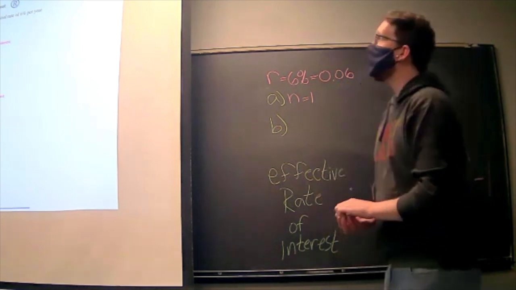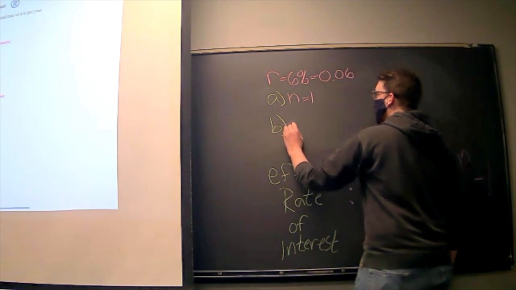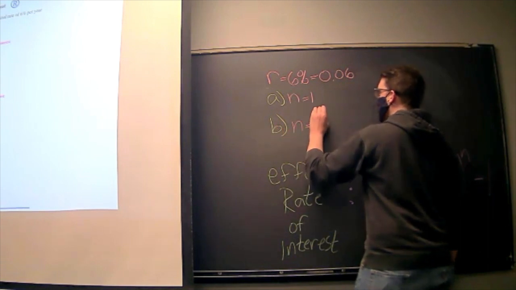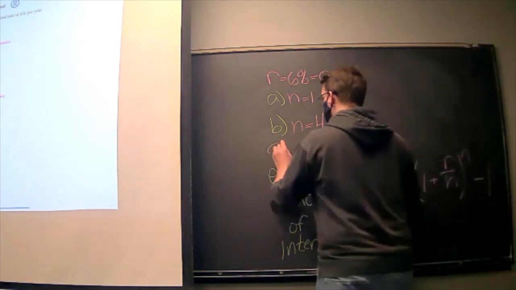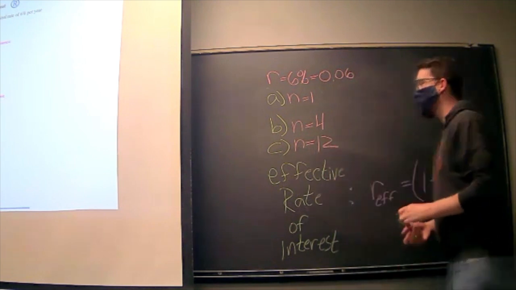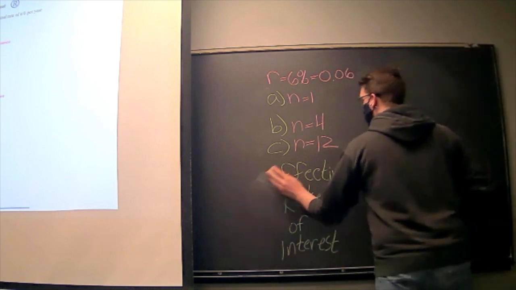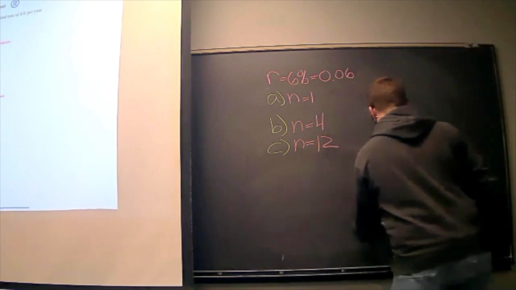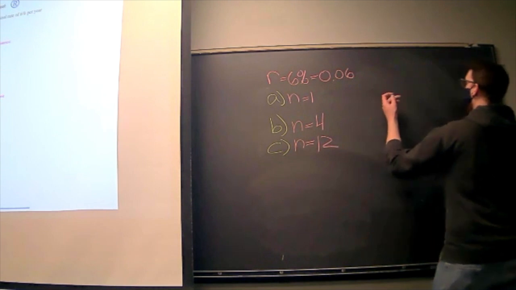In the second case, when we're looking at quarterly, N is equal to 4. And in the final case, C, it's monthly, so N is going to be 12. So I can erase this. We'll rewrite our equation up here.